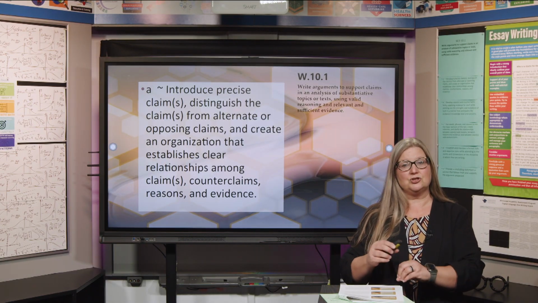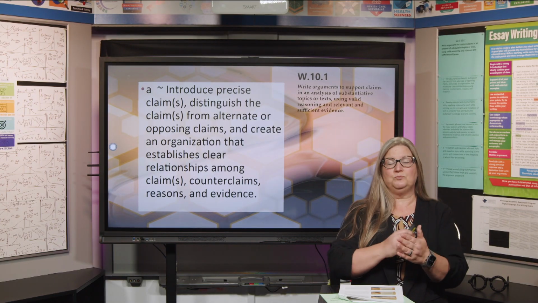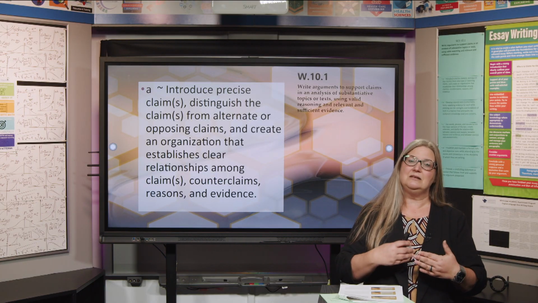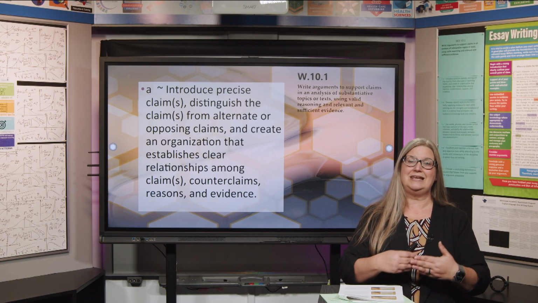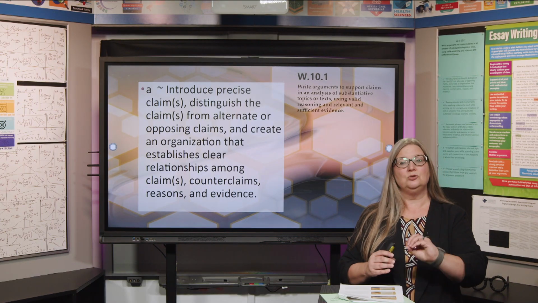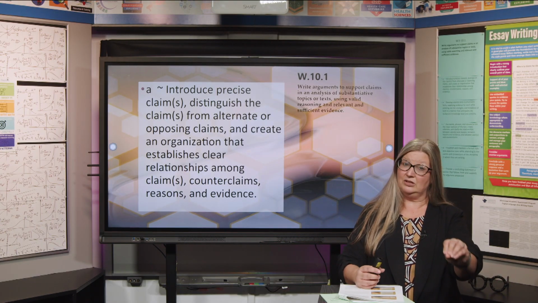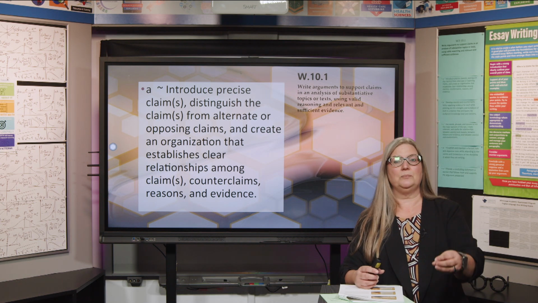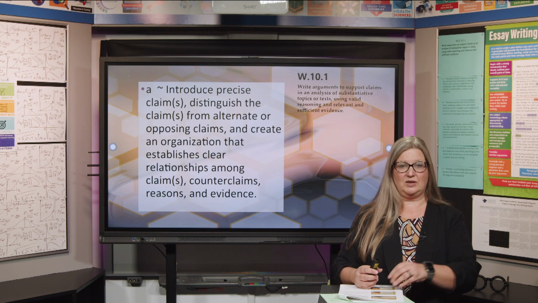So you need to make sure that you've done that. When you are explaining that in your paper, you need to make sure that, again, you are presenting evidence to support that counterclaim, because you want to be able to tell your reader why their side is wrong, okay?